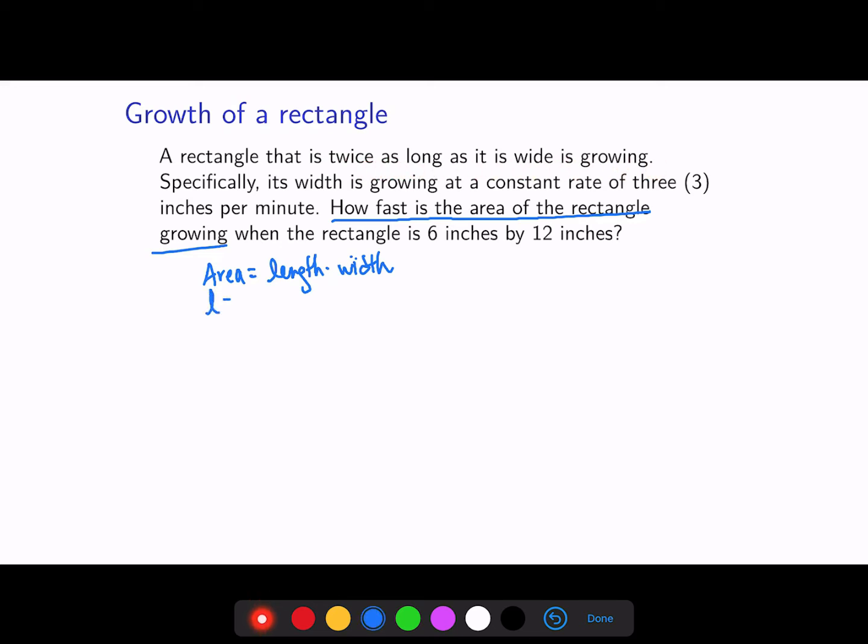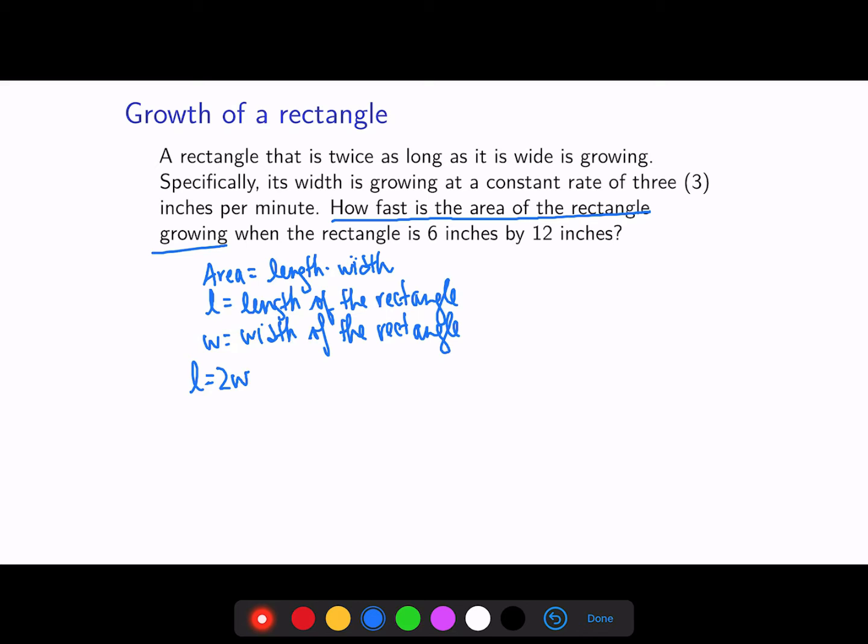So if I let L be the length of the rectangle, and W will be the width of the rectangle. It's twice as long as it is wide. So the length is 2 times W.